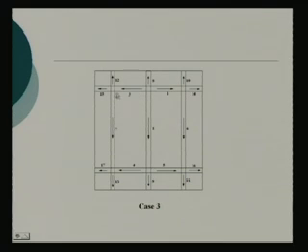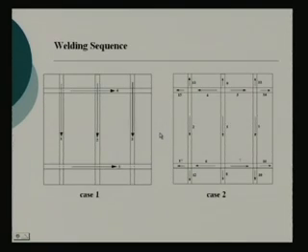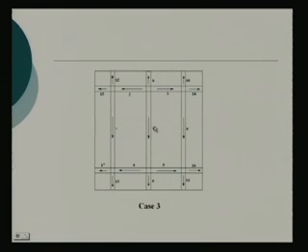This is number 2, and then the other half, number 2, number 3, then come to the next transverse, number 4, number 5. So what is the difference here? If I compare, only think of these welding sequences, 1, 2, 3, 4, 5.